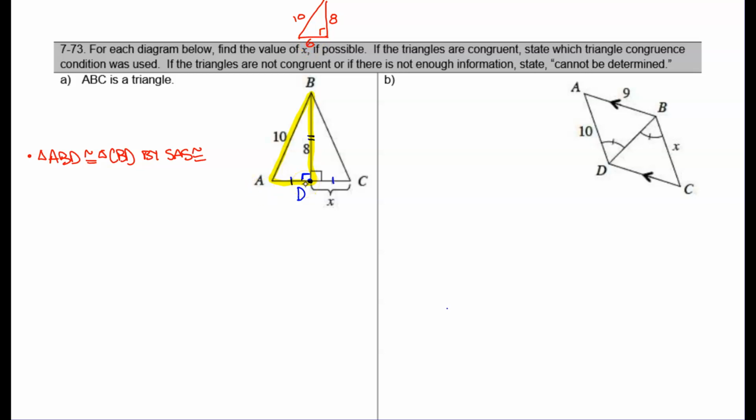So that length AD is 6. And the reason why is because that's a Pythagorean triple. If you recall, we had the 3, 4, 5 right triangle, which we worked with in the past. And this is just a multiple of that. You double the 3, 4, 5, and you get the 6, 8, 10.